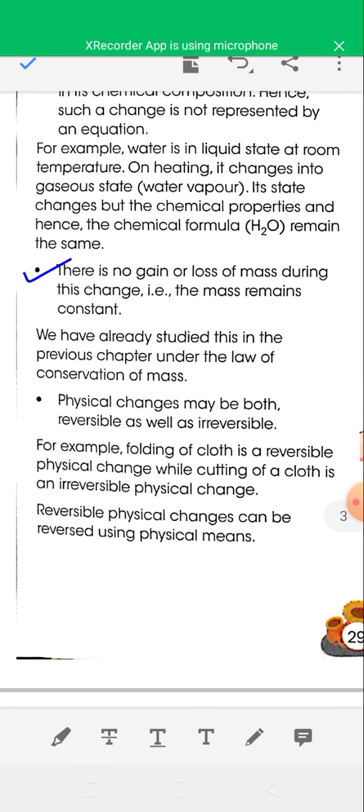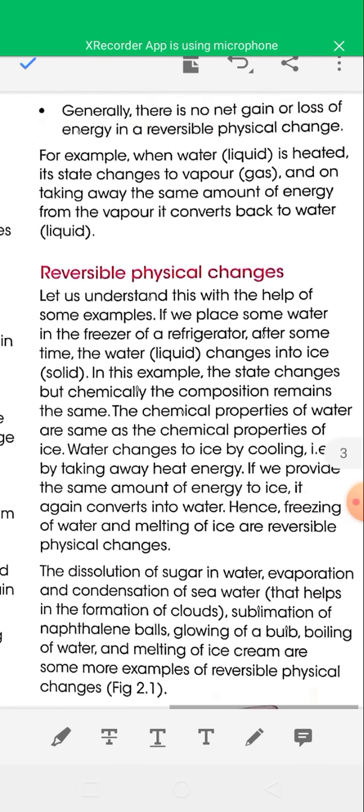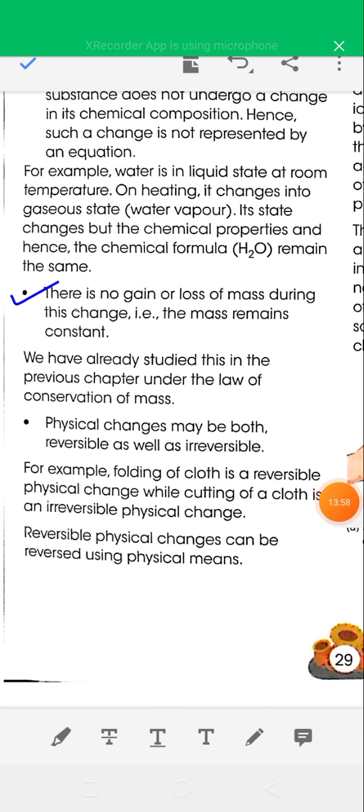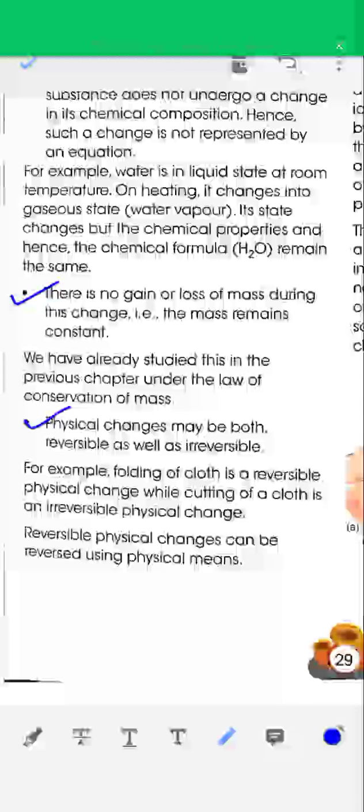Next feature of physical change: physical changes may be both reversible as well as irreversible.